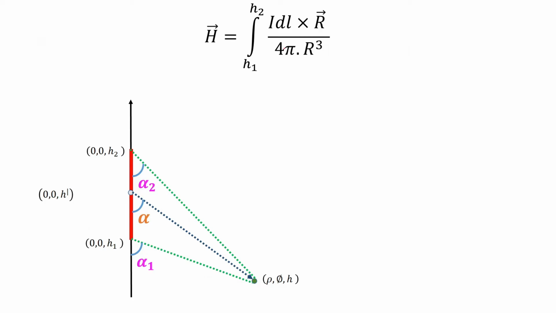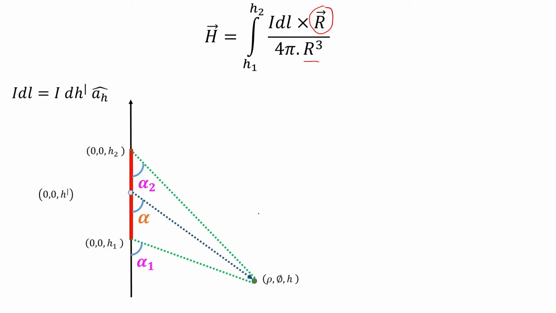So the magnetic field intensity because of the current element is integration of the differential magnetic field over the limits of h1 to h2. Here you may observe that instead of a r cap, I have written r bar by mod r, thereby giving the denominator to be 4 pi r cube.